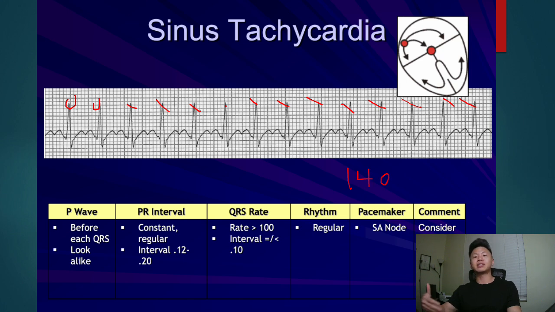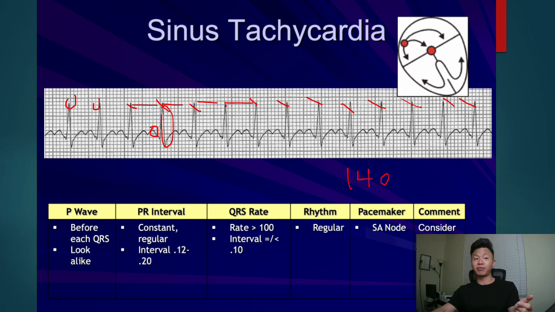We know that as tachycardia. We still have to look at all your components. We see a P. I know it looks kind of funky because it's so close to the T wave. We see a QRS, and we see a P for every QRS. If we look at the regularity between R to R, it is all the same, so it's regular.